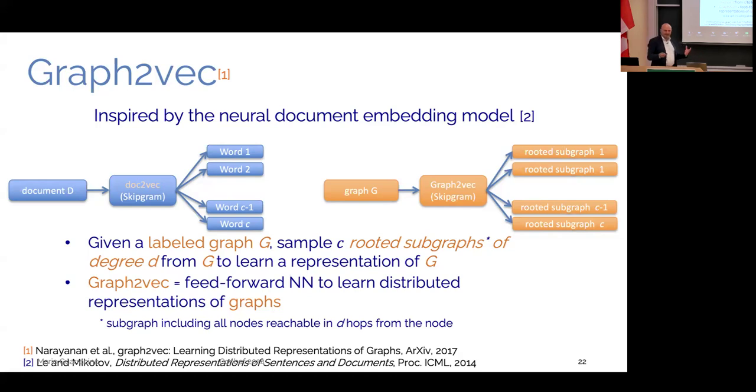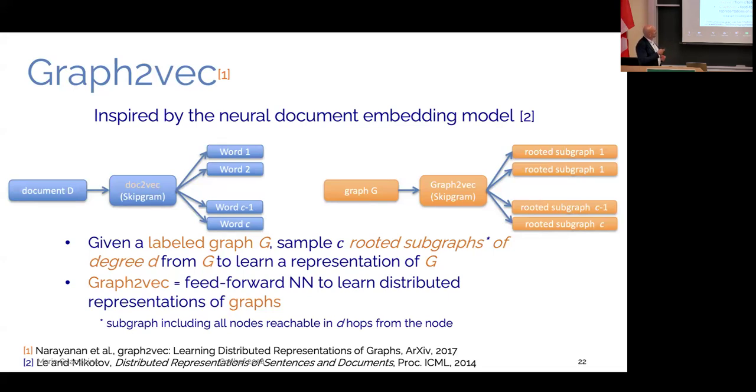I don't know if you remember that we said that BERT could be used to classify documents, to obtain representations that were useful to classify documents. So what happens is that you represent a document using a set of words. Starting from this set of words, you obtain a vector representation.